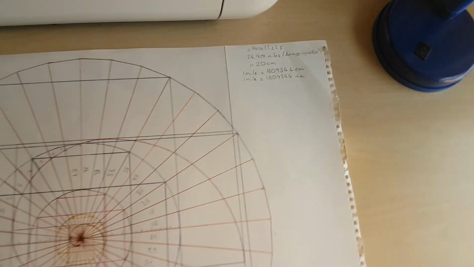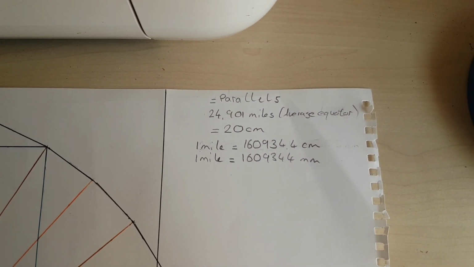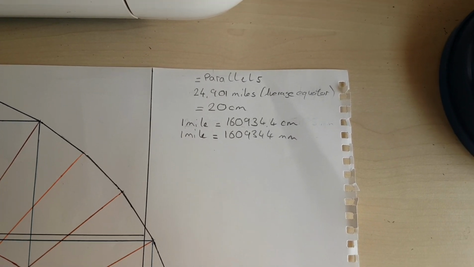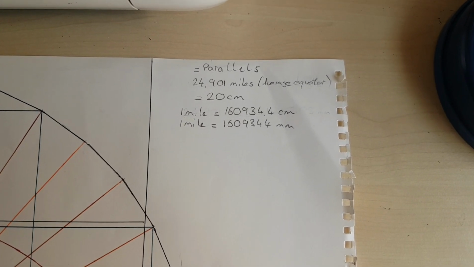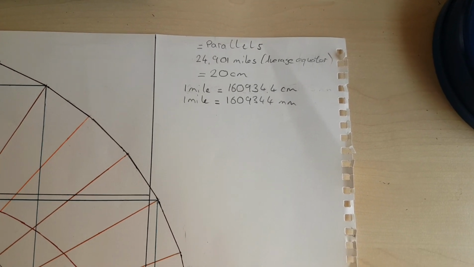So I did the calculation. My drawing is 20 centimeters equals 24,901 miles. So 1 mile equals that, and then 1 mile equals that in millimeters.